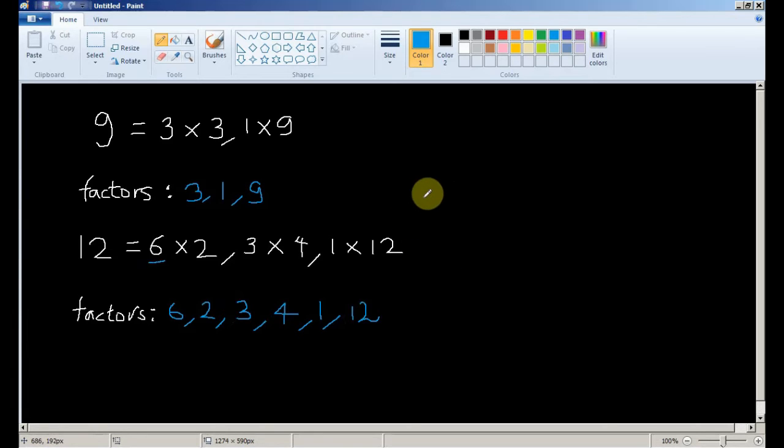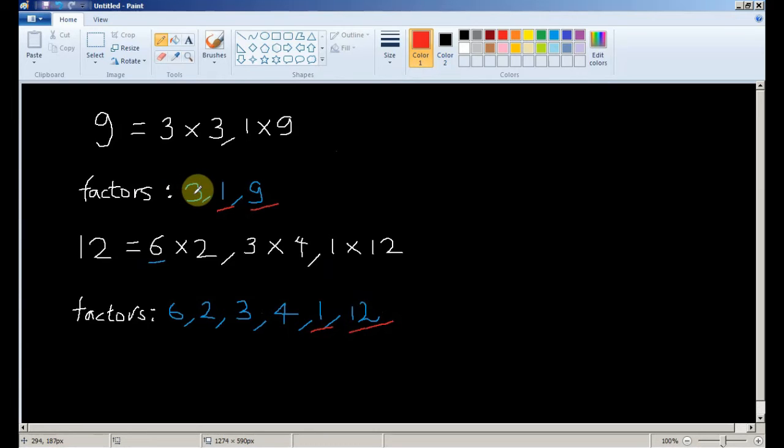Notice that 1 and the number itself are always factors. So here also 1 and the number itself are in the factor list. Apart from this, composite numbers have other numbers as factors.